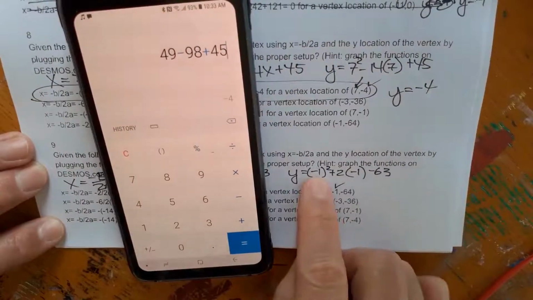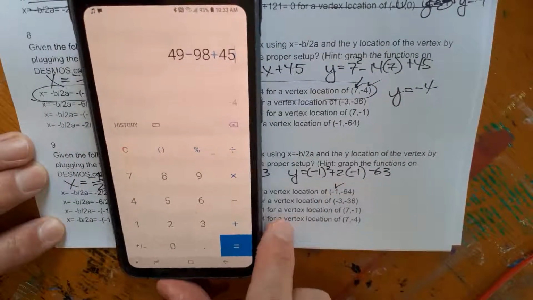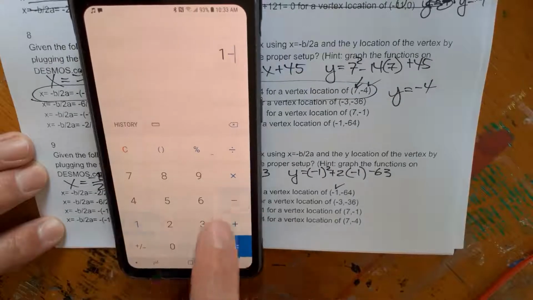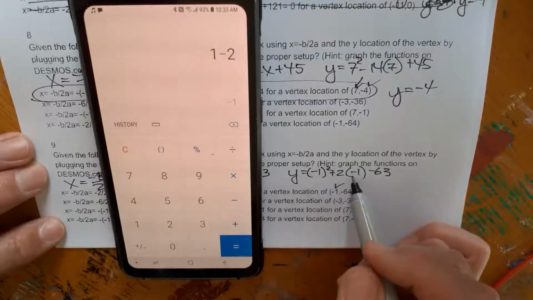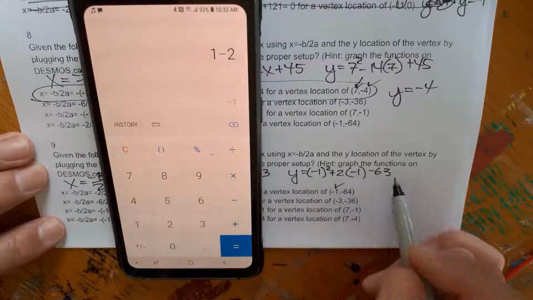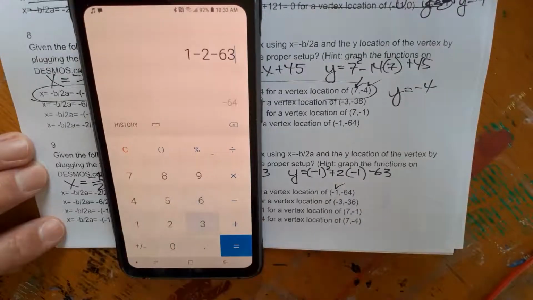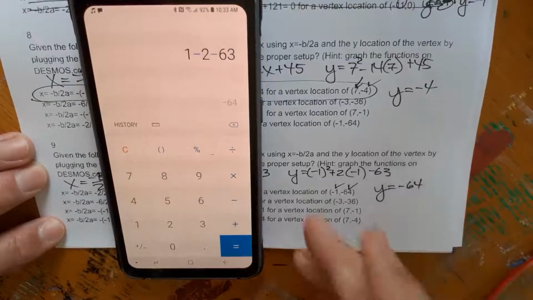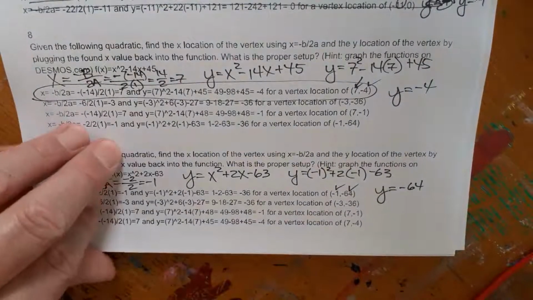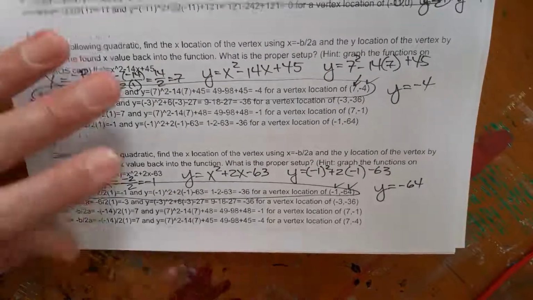So that's going to give us a 1 minus 2. Negative 1 squares to positive 1. 2 times negative 1 is minus 2. Minus 63. Is y equal to minus 64? Check. And so it's this one, which I knew it was already, but I did the work.